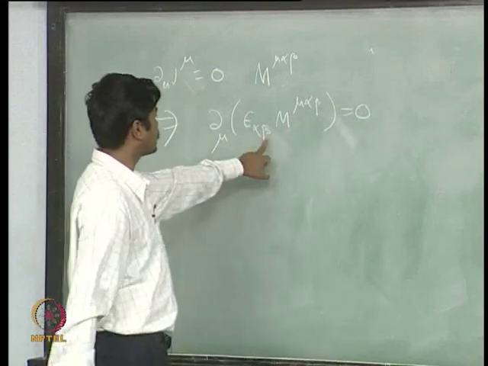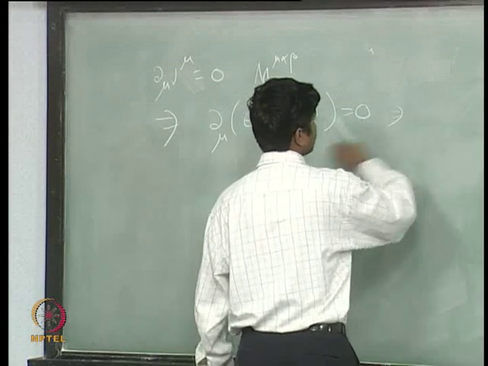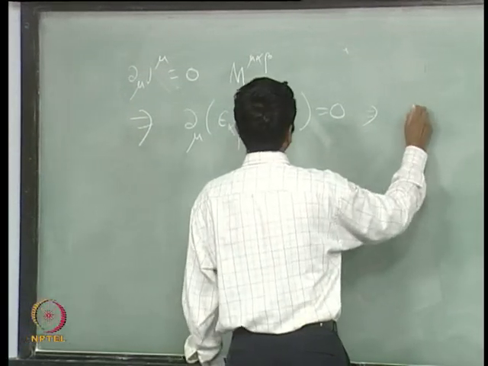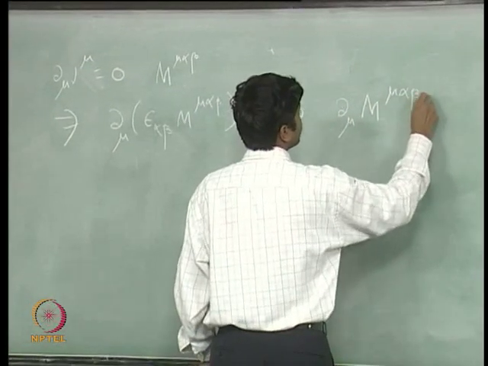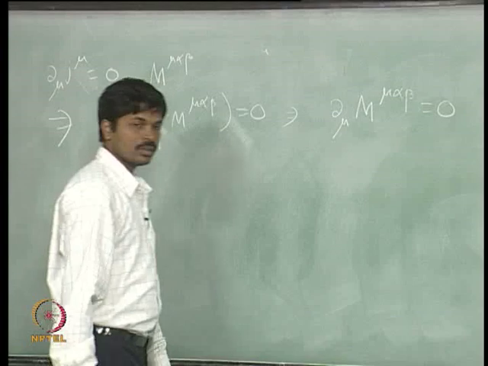Since epsilon alpha beta are arbitrary infinitesimal quantities, this simply implies del mu M mu alpha beta equal to 0.